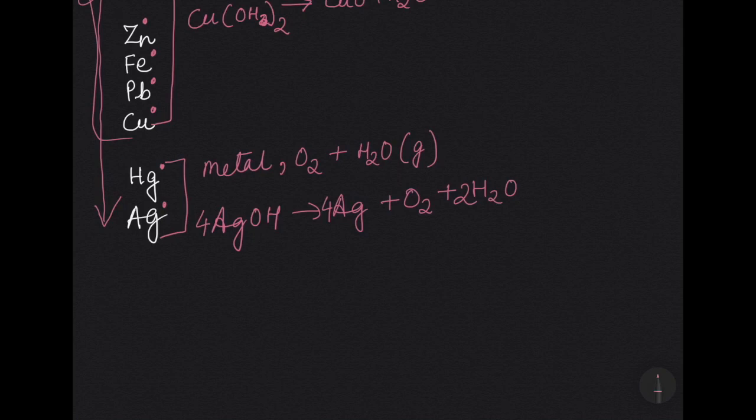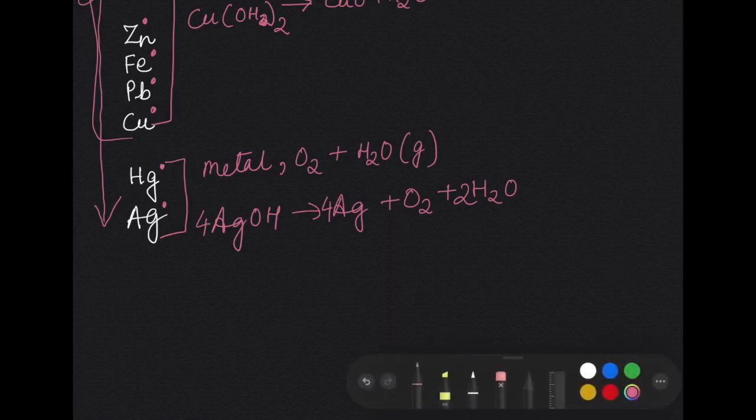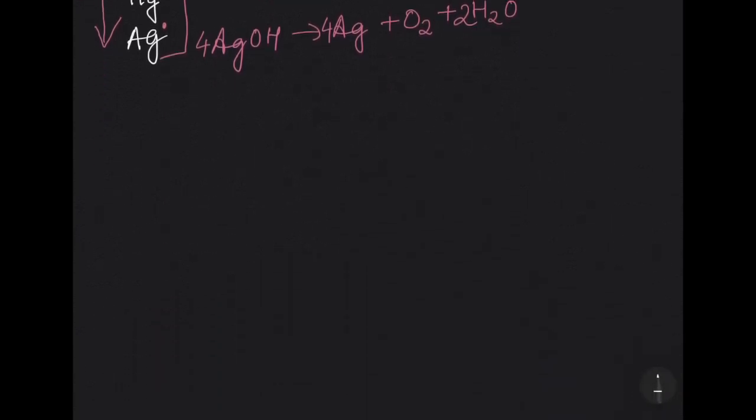So go through the table that is given on page number 25 and please practice the equations there. Now moving on to metal carbonates. Similarly, we make a table.